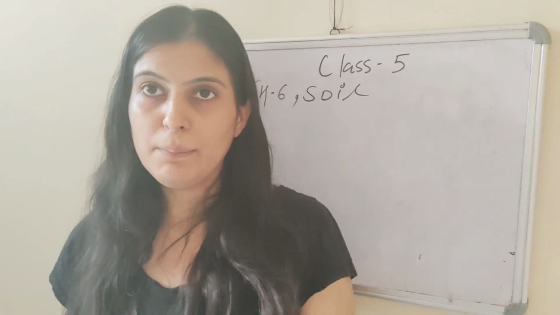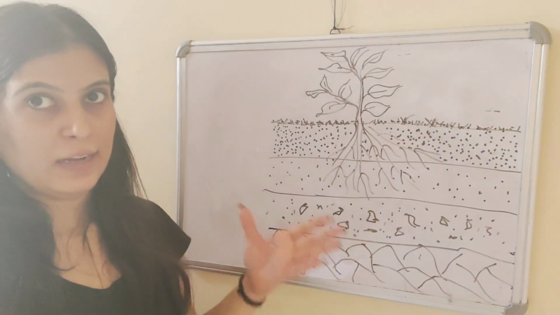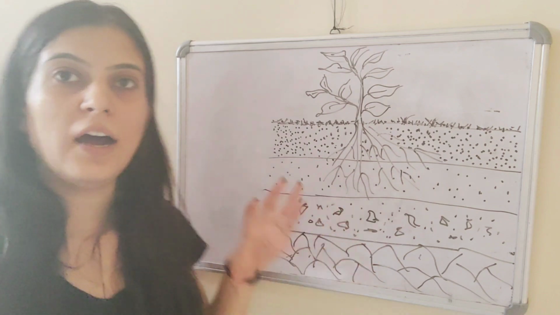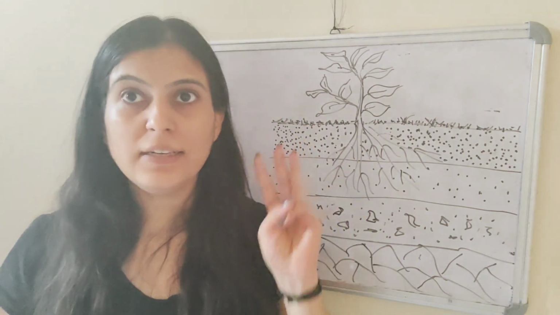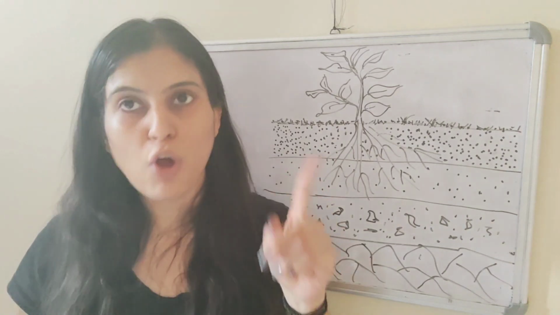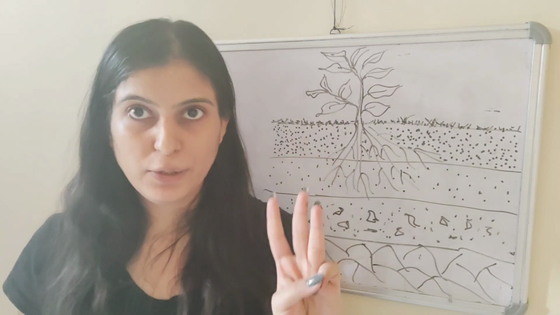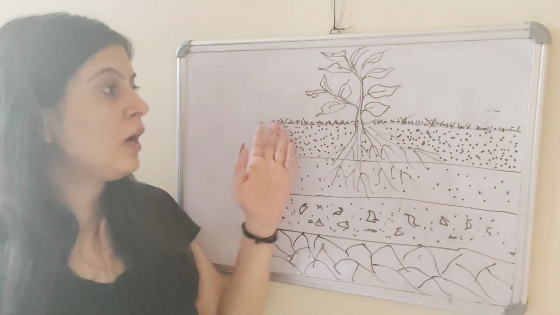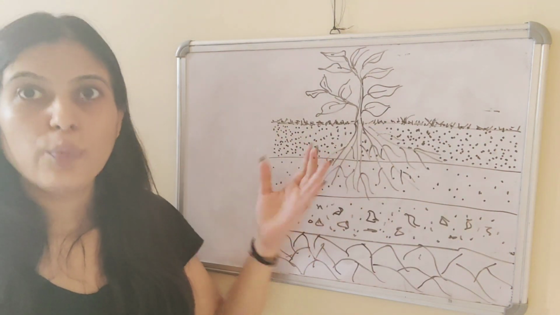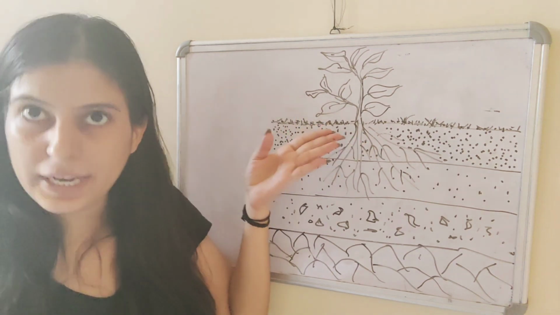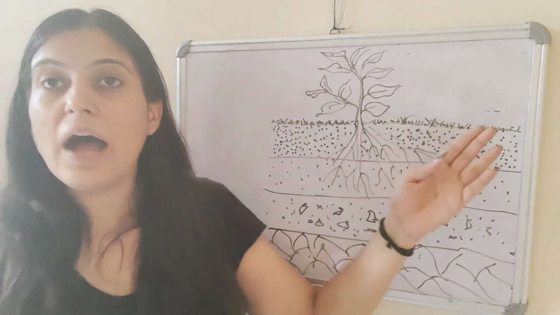Now, soil is made up of three layers. In this diagram, we can see there are different types of soil layers, and we have discussed that there are three types of layers, that is topsoil, subsoil and bedrock. The first one, the uppermost layer, is topsoil, which consists of an organic layer on which the plants grow.